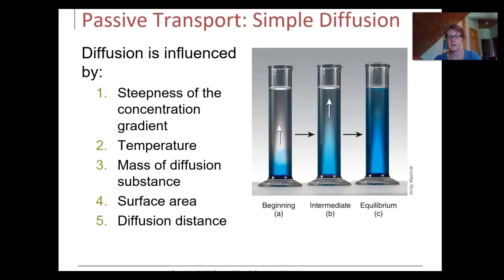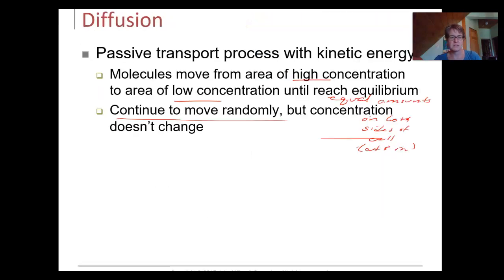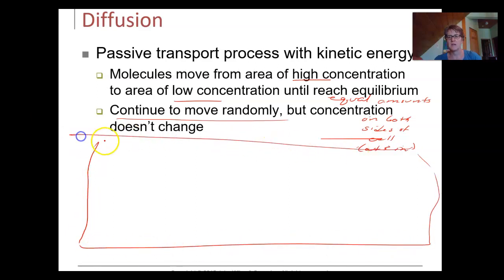So I'm going to go back to this. If this is a room, here's our little room, and I'm standing right here and I spray perfume. This perfume is all these little chemicals, and they bounce around each other. That's kinetic energy.